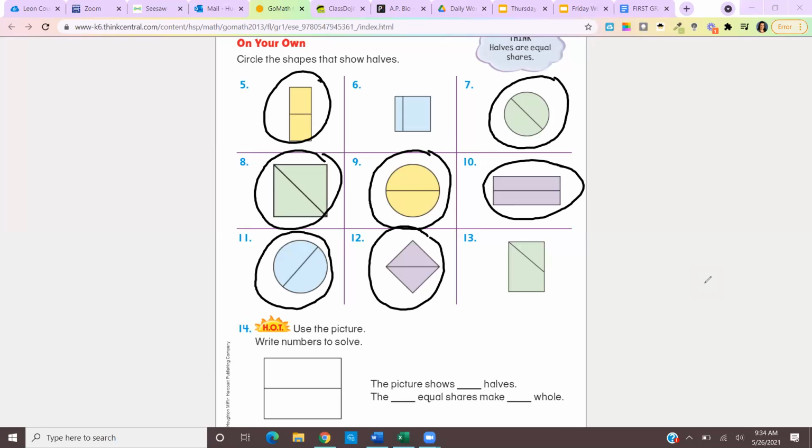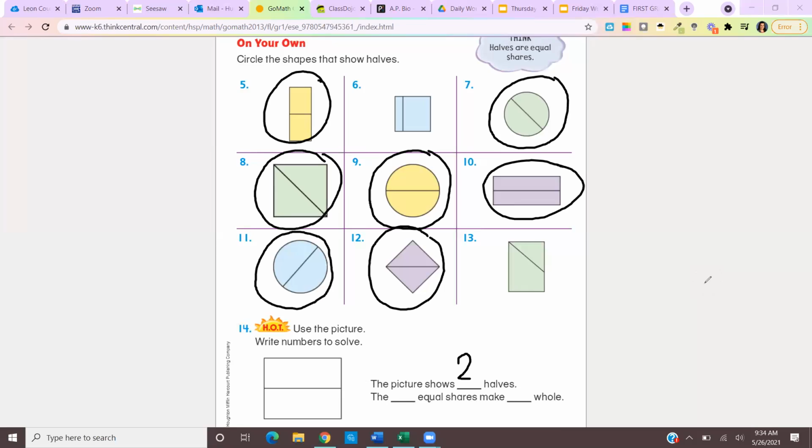Great job. Let's look down at number 14, our challenge problem. It says the picture shows blank halves. How many halves does that picture show us? 2. The blank equal shares.